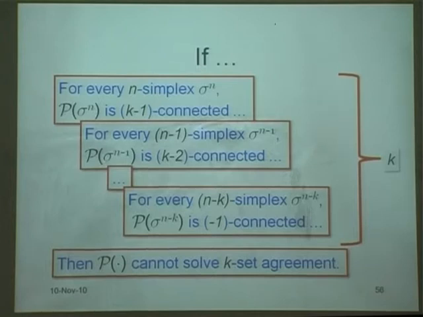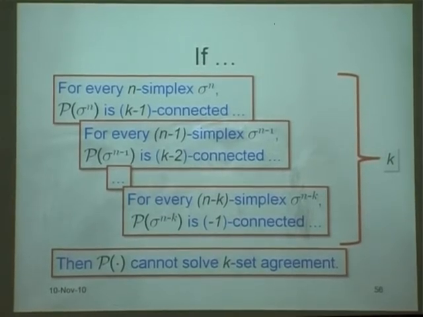So really, what we're saying here is you tolerate k failures, and in each execution where some number fail, you still have the appropriate level of connectivity. But implicit in this definition is the idea that you can have k failures, because if you have fewer failures, then this condition won't hold. So there's an operational interpretation behind these topological conditions.